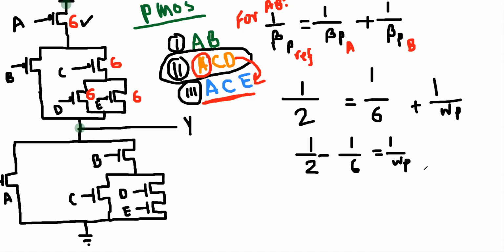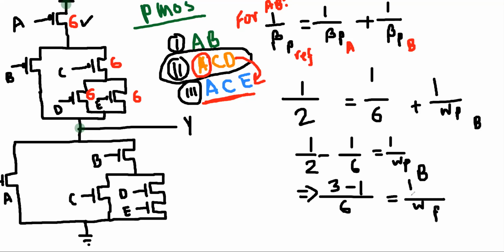WP, this is for B. So how much are we getting? This will be 2 over 6, right? So can I make it 1 over 3? Okay, 3.